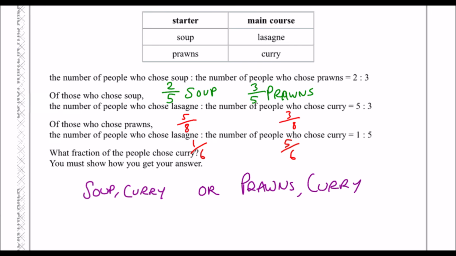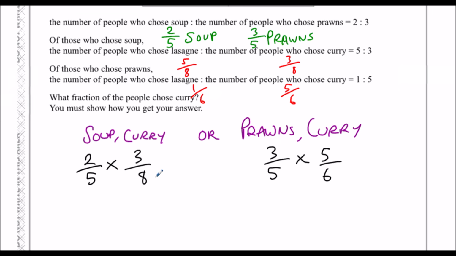So soup then curry is 2/5. Then of those who chose soup, curry is 3/8. And prawns was 3/5. And of those who chose prawns, curry is 5/6.